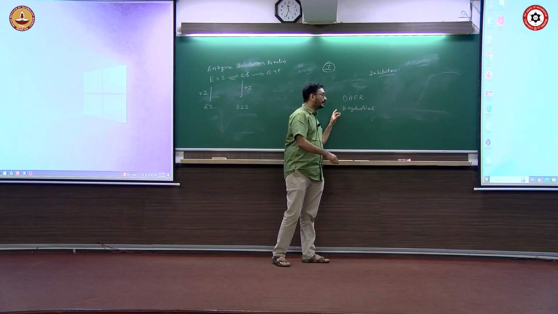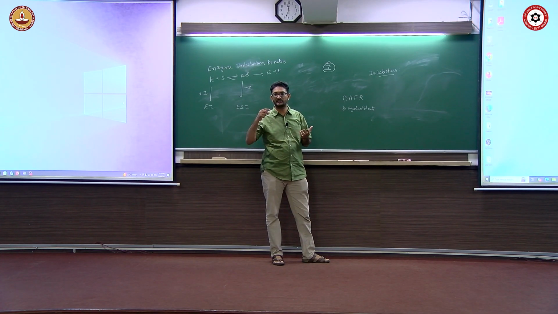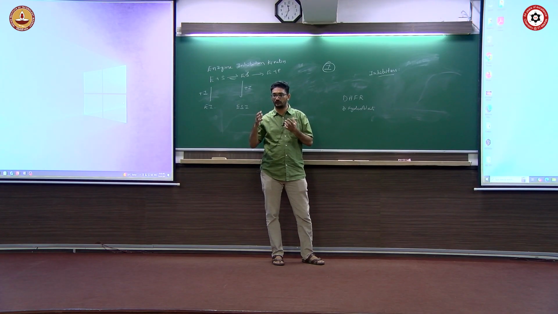If you take cancer, what is cancer? Cancer is an overgrowth of cells. I'm simplifying the entire picture, not giving the biological text, but cancer is nothing but overgrowth of cells. If you want to reduce the cell growth, anything that happens in the cell starts from the DNA level, right?